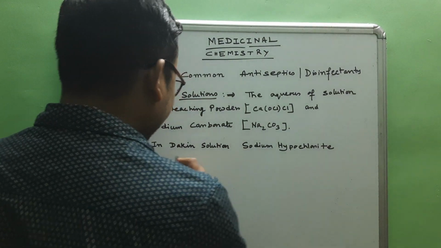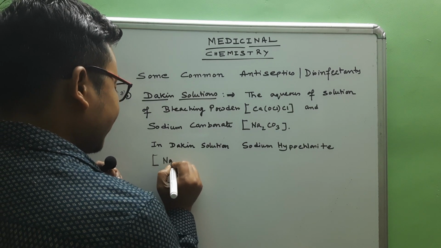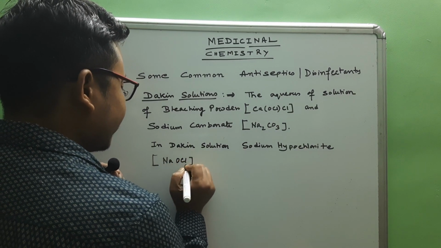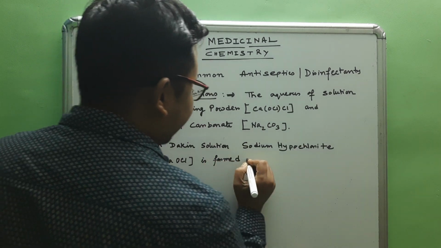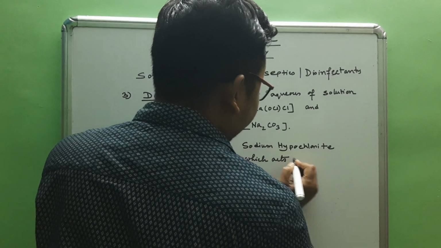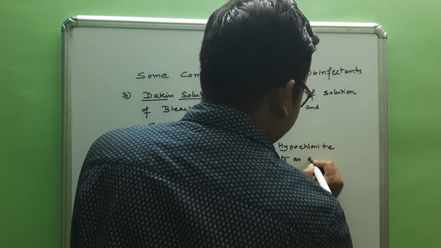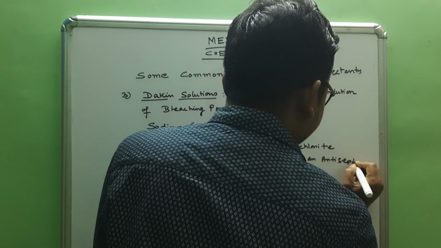What is sodium hypochlorite? The formula of sodium hypochlorite is NaOCl. Sodium hypochlorite is formed, which acts as an antiseptic.